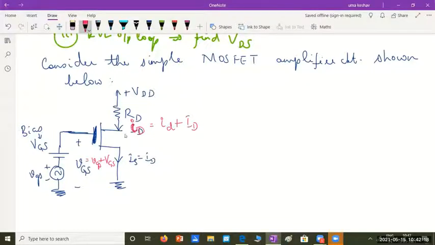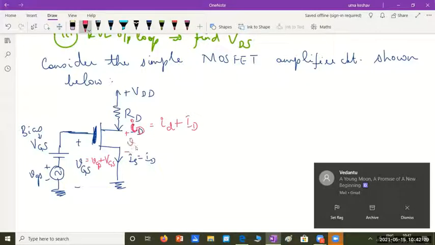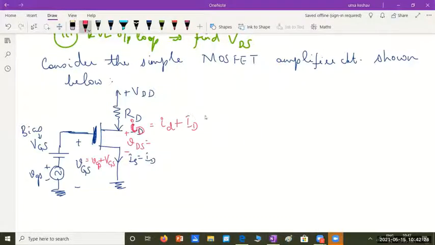Remember that. Similarly, the voltage here, VDS, would be capital VDS plus small vds. So always we represent it like this in the transistor amplifier also. It is the sum of AC plus DC, which gives you the total or instantaneous value.